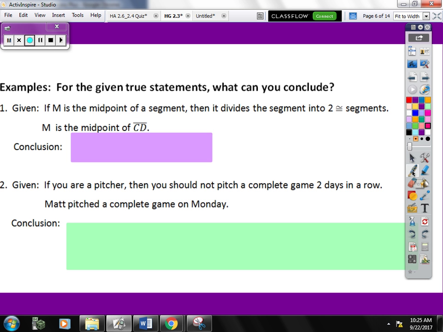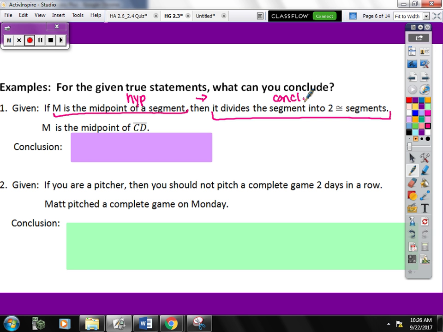So you'll notice in the given it says M is the midpoint of a segment. So that would be my hypothesis, right? Or my P. Then it divides the segment into two congruent segments. That's my conclusion. They also give me something else. They give me a specific example.